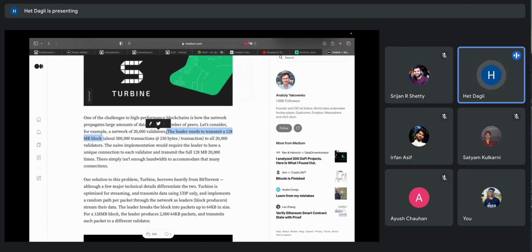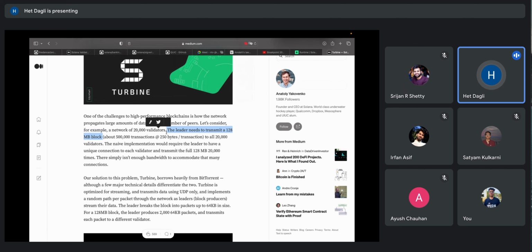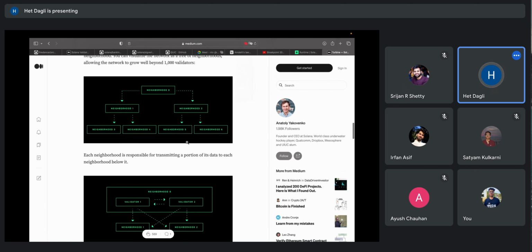And in the same way, when it is leader based, you have the second validator, which will max out its capacity, and others will be sitting idle. But with this approach, because the leader is constantly transmitting whatever transactions it is receiving, every validator at every point of time is using some of its network bandwidth through this kind of tree structure.